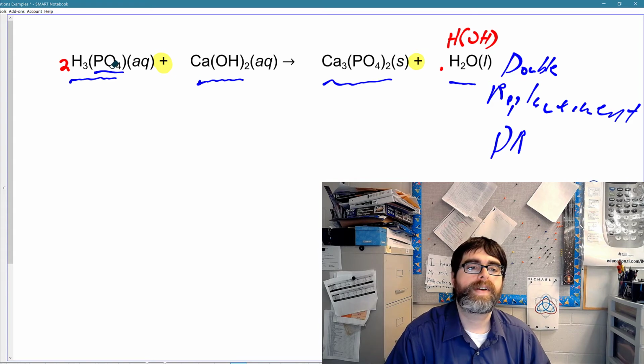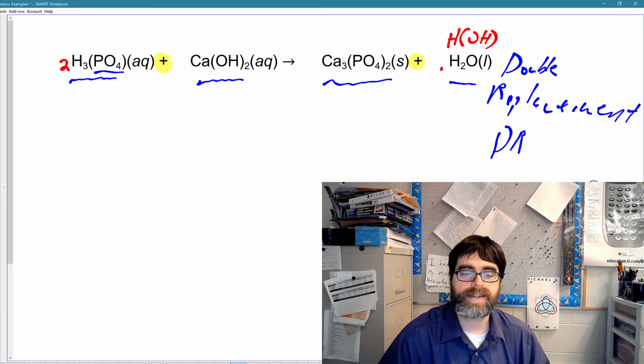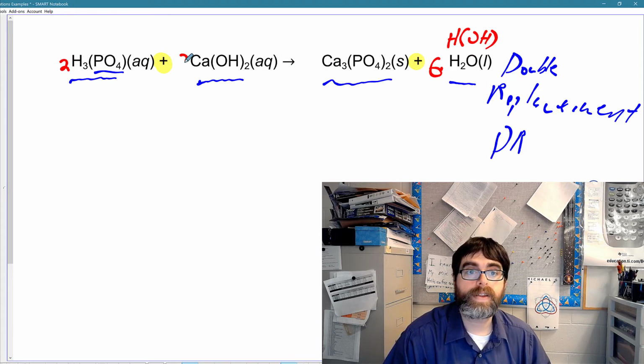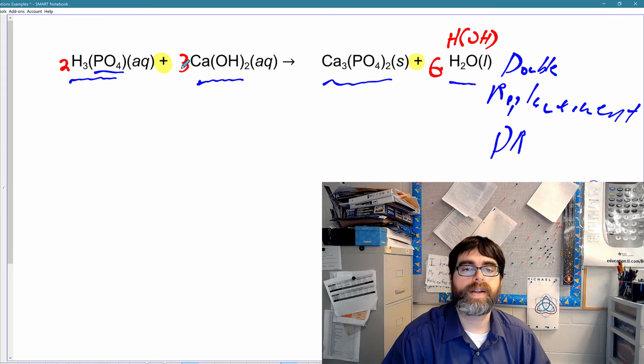So we have 2 phosphates, 2 phosphates. We now have 2 times 3, that's 6 hydrogens, so that means we're going to need 6 hydrogens here. We have 1 calcium and 3 calciums on the reactants versus product, so I'm going to need to put a 3 coefficient in front of the calcium on the reactant side here.